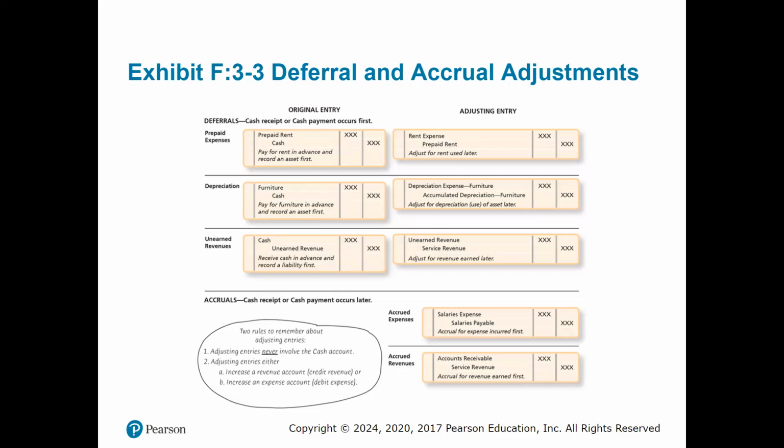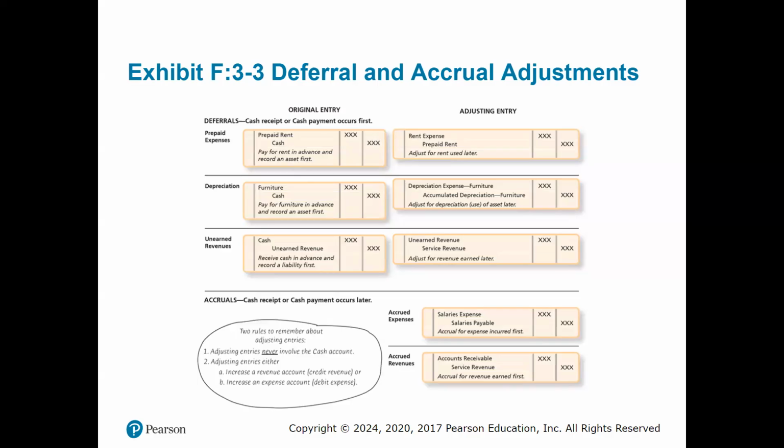So one thing to remember, if you're trying to differentiate what type of entry you're looking at, is it an original entry or is it an adjusting entry? Adjusting entries will typically not be hitting cash, right? That would be an original entry if you're recording a cash transaction. And then generally speaking, they should at least be hitting either a revenue or an expense account in there.